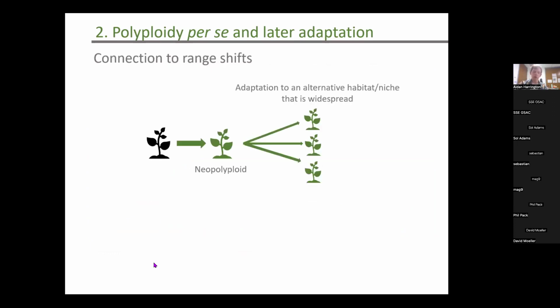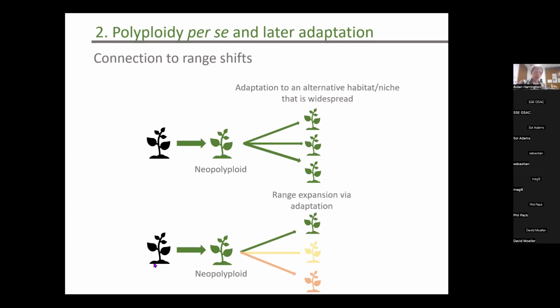So we could conceptualize, for example, that a neopolyploid has formed. It has some alternative habitat or niche than the diploids do, and that habitat or niche is widespread, and so therefore the neopolyploid becomes widespread. Conversely, we could think about a situation where the neopolyploid is different from its diploid progenitors in some way, but then range expansion has occurred via adaptation.